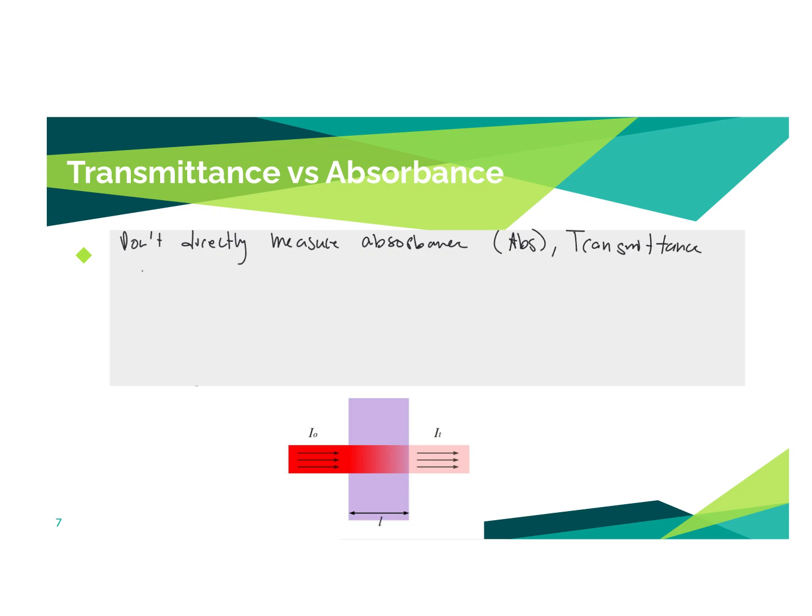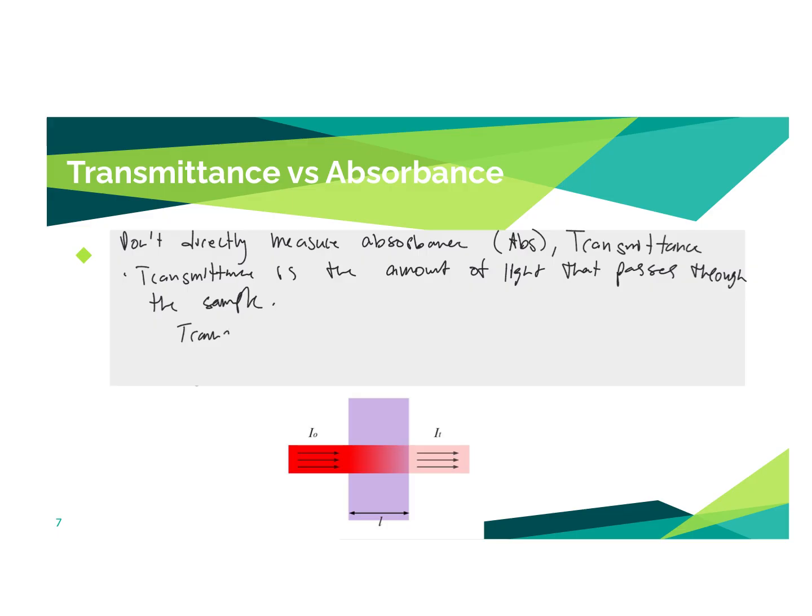Transmittance is the amount of light that passes through the sample. The way that's calculated, transmittance, or otherwise known as T, is equal to IT over I0.